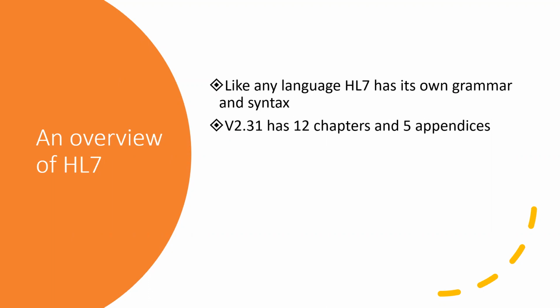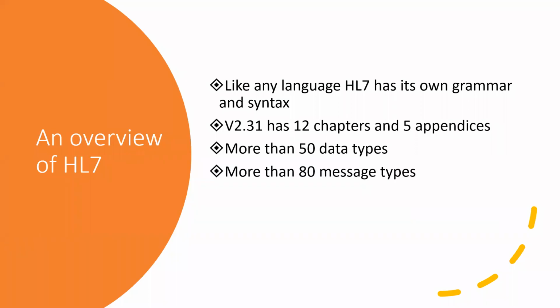We had other versions as well, which we'll talk about in the next slide. As a data standard or language, whatever you call it for now, HL7 has more than 50 data types, 80 message types, and 86 event types. You may not understand these three terminologies deeply if you're new to HL7. Don't worry, we'll take a look at what these are in the upcoming slides.